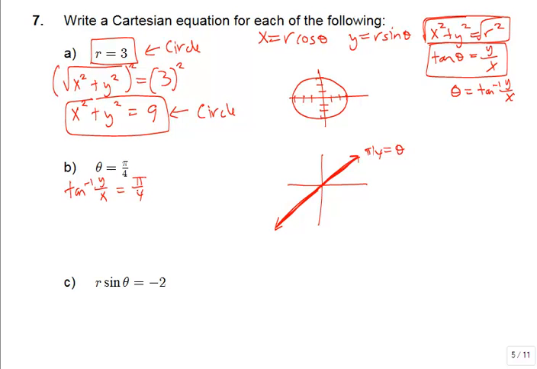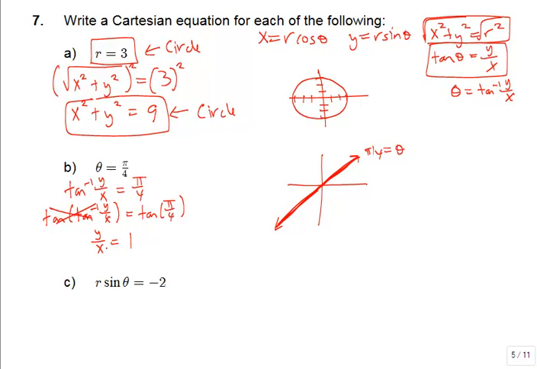And now what I'm going to do is undo this inverse tangent. Well, what undoes an inverse tangent? A tangent. So if we take the tangent of both sides, we're doing it to both sides, so we're keeping it equal, these will cancel each other out, just giving me y over x. And what's the tangent of pi over 4? It's just 1.